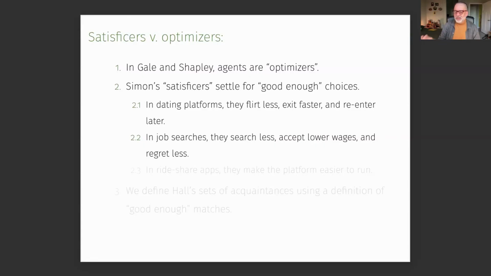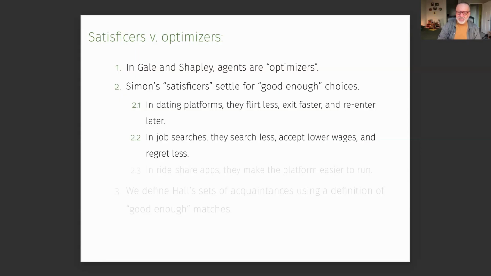So these are people who go on the job search, they find a job faster. It's not as good a job as optimizers get, but they feel more satisfied. They feel happier about the job that they get than optimizers do, even though optimizers get better jobs. So there is a behavioral difference in contexts related to matching between satisficers and optimizers.